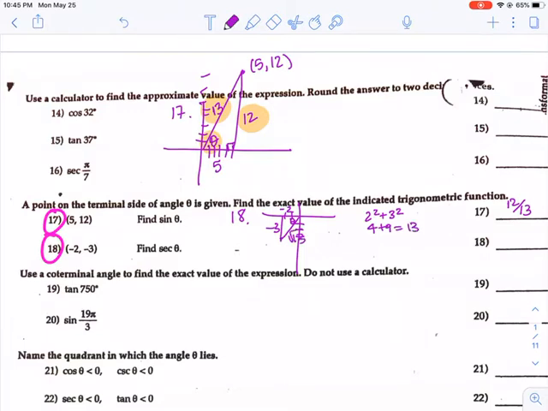And we want to find the secant. So what's a secant? Well, secant's the reciprocal of cosine. If cosine is adjacent over hypotenuse, that means your secant would have to be hypotenuse over adjacent. So in this case, my hypotenuse is rad 13. Adjacent side is negative 2. So it's going to be negative rad 13 over 2.